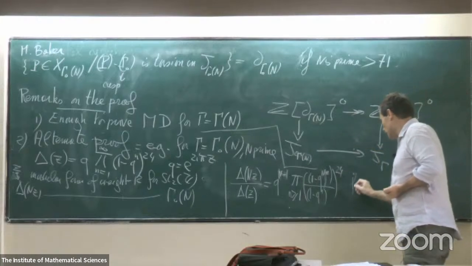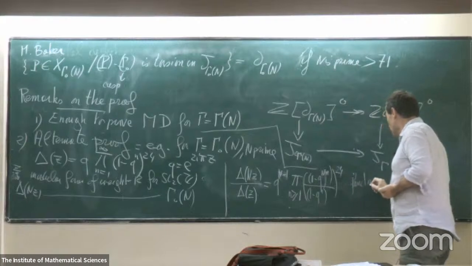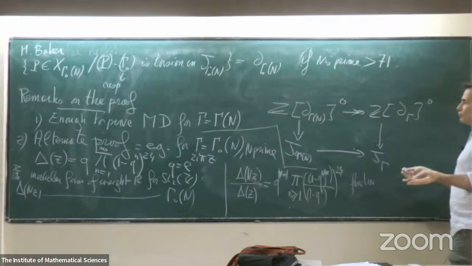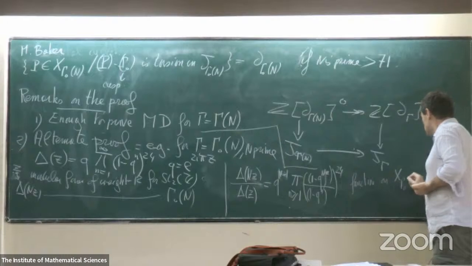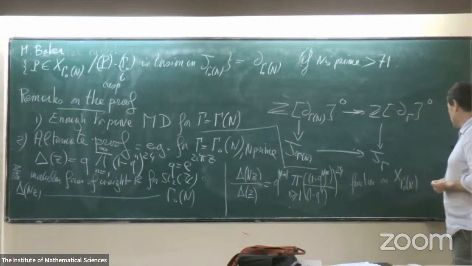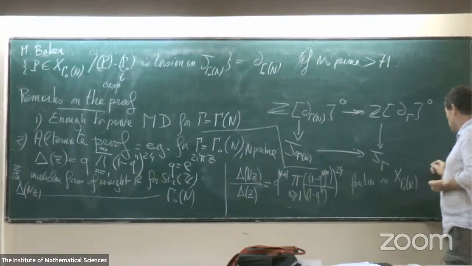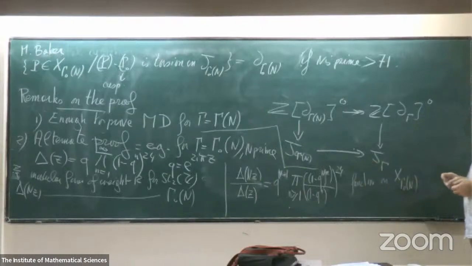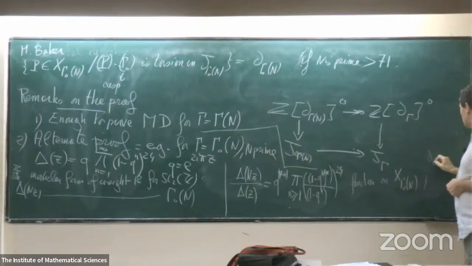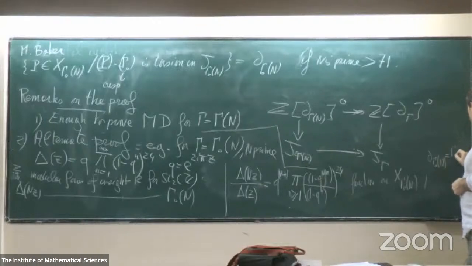So this is a function on X_0(N) now. You take the ratio of two forms of the same weight, this is of weight 0. So this is a function on X_0(N) without pole or zero on the upper half plane. So the divisor has to be concentrated on the cusps, and there are only two elements, the class of 0 and the class of infinity.